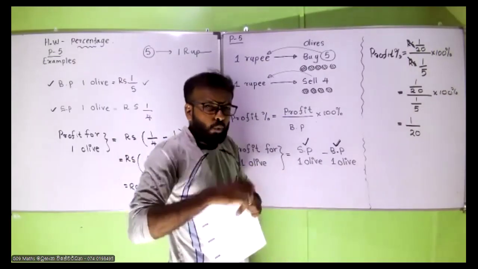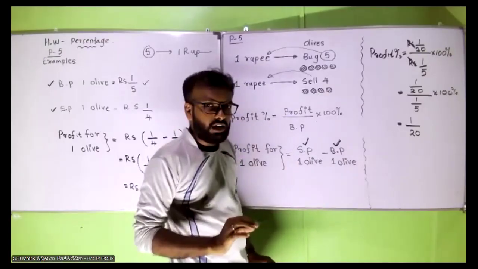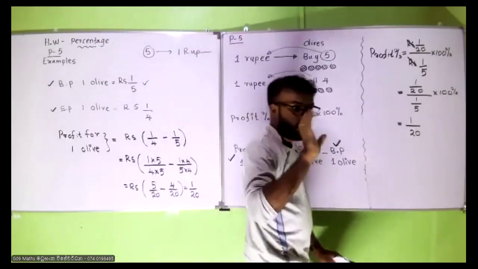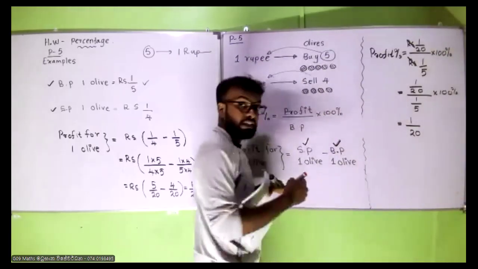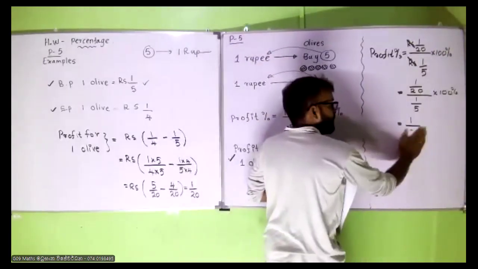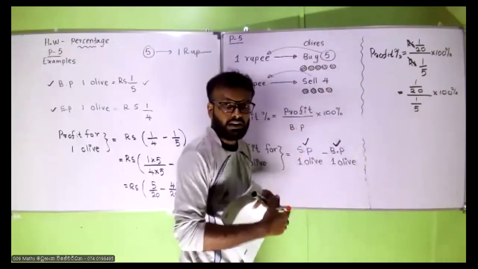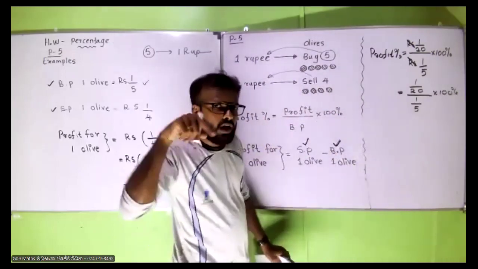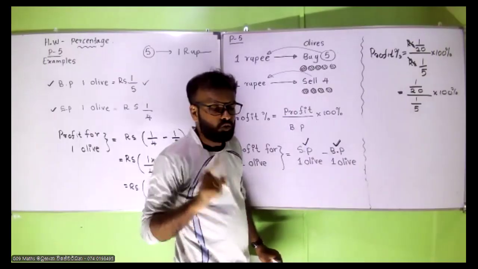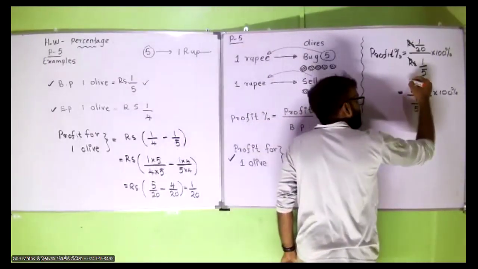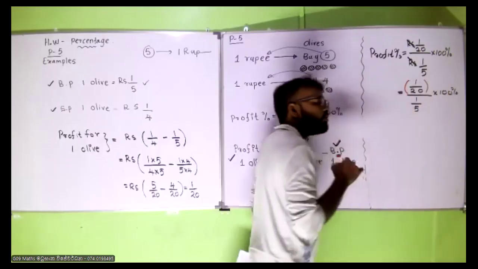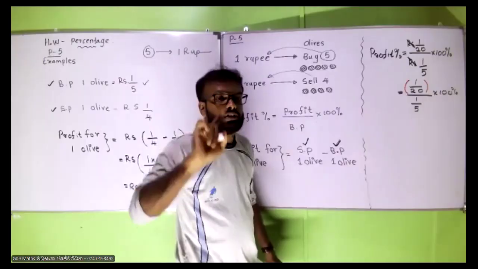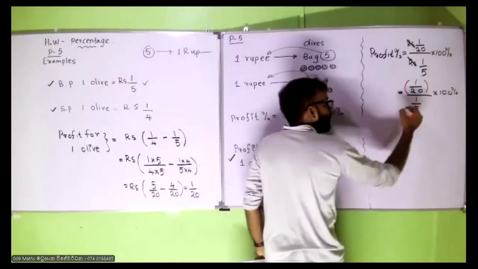It is a small thing that you need to know. I will explain. So I will put a bracket so that you can understand it very clearly. In the numerator you are having a fraction, so I will put a bracket here. And in the denominator also you are having another fraction. That fraction is 1 upon 5.